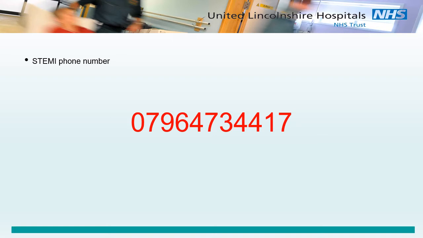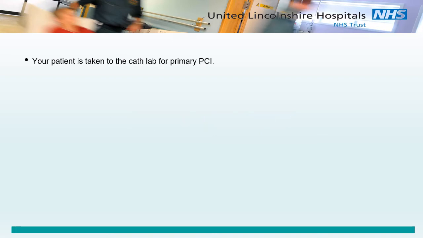Troponin is being sent. We will not depend on troponin in such a patient, but just to have a baseline troponin level, and refer to the STEMI number. And so the cardiac team should come immediately and see that patient and take them to PCI. The patient is already being referred.